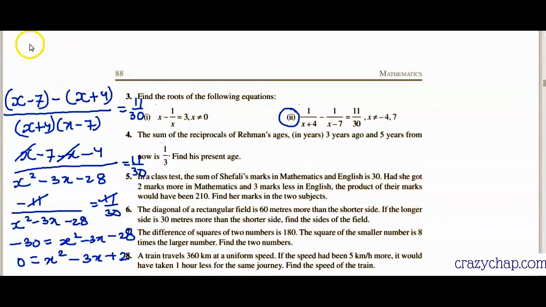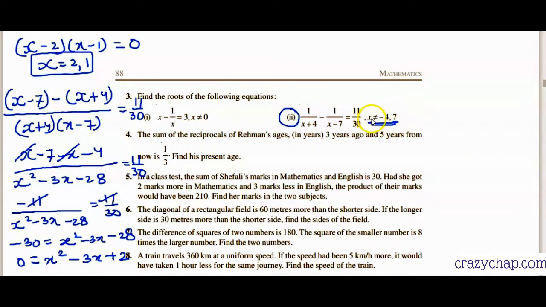we'll get x minus 2, I'm splitting middle term, and x minus 1, okay, equal to 0. So x will be 2 or 1. Hope it is clear, guys. So these are the two values of x, 2 and 1. Yes, whenever you solve it, always look back at the conditions.